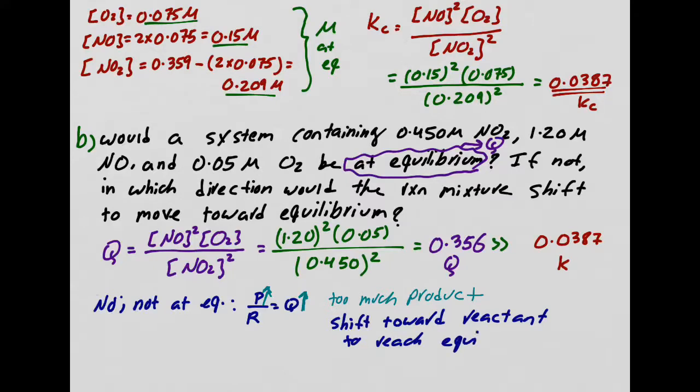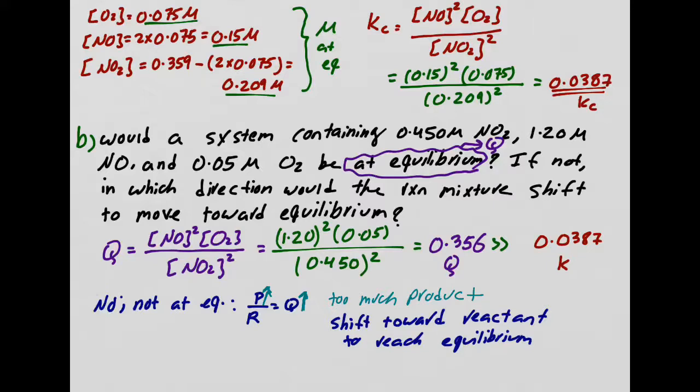And I'm going to explain this too. So we figure out Q, we compare it to K, we're not at equilibrium, Q is a lot larger than K. So if Q is larger than K, that means I had too much product, right? Because more product means that the Q is going to be larger. Now, what do I need to do to reach equilibrium?